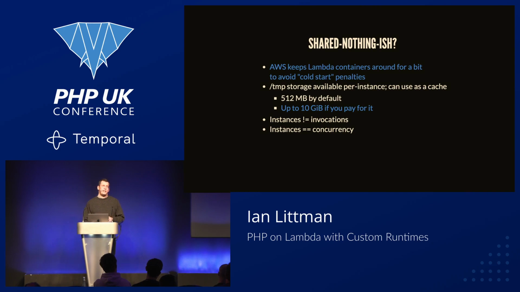In addition to that, you can persist state to, of course, S3 or a database like Dynamo or MySQL or what have you. Or you can attach Lambda to the Elastic File System, which unfortunately is rather slow, so you want to use that carefully.